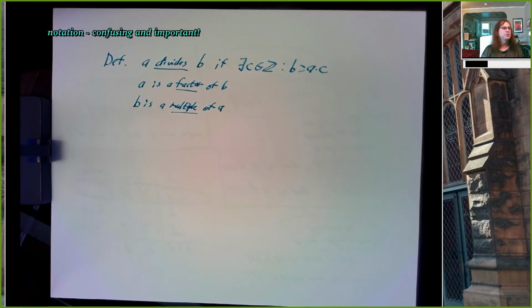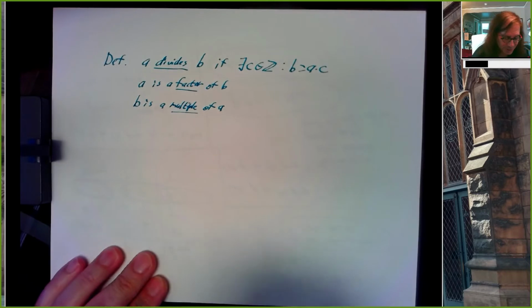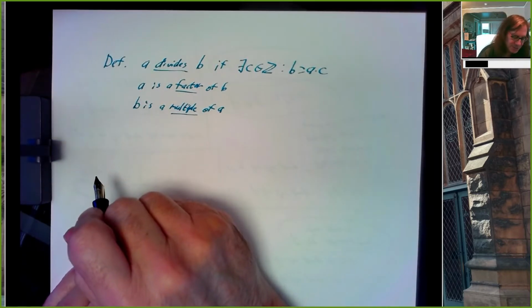All right, so let me give you some notation. This is confusing but really important. If you miss this, you're going to be way off on all the homework and questions and everything that we talk about for the next few classes. So this is a really important piece of notation.